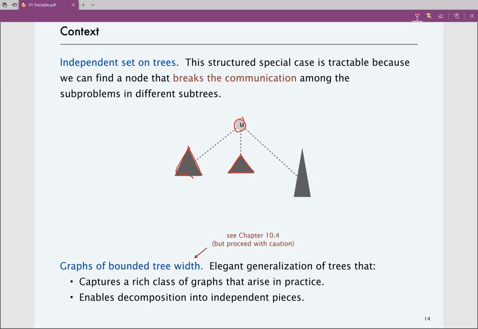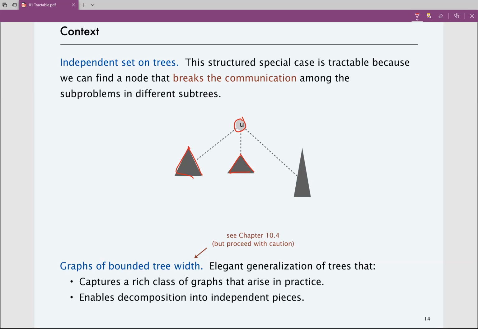These graphs somehow look like trees, though they're not exactly trees. They're a wider class of graphs than trees: trees are included in the set of bounded tree width graphs, but there are additional graphs in this class which are not trees. Even these additional graphs kind of look like trees in some sense.